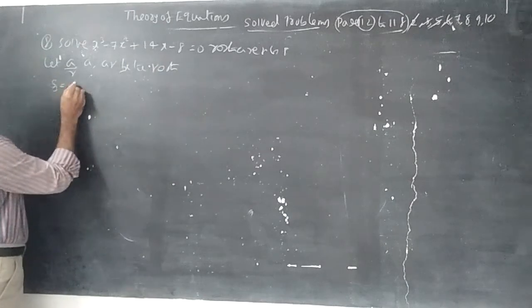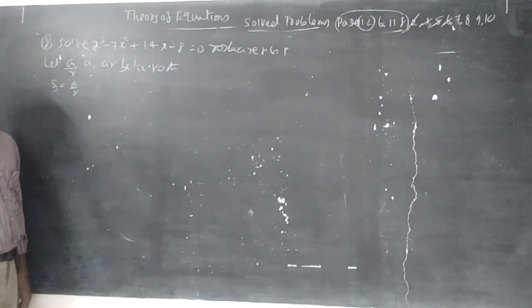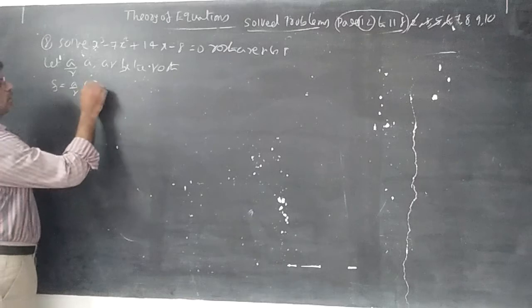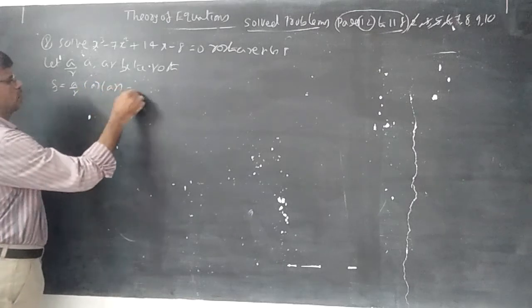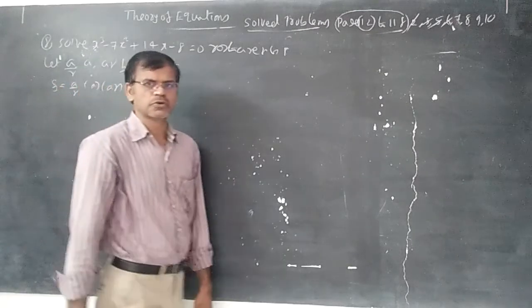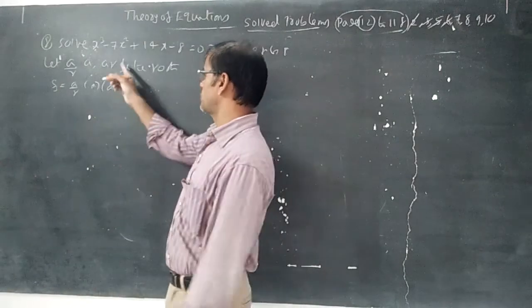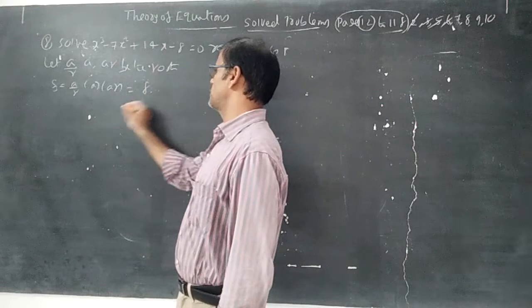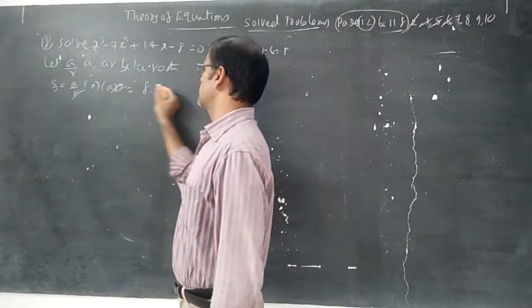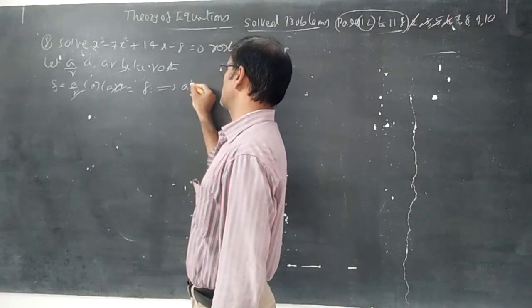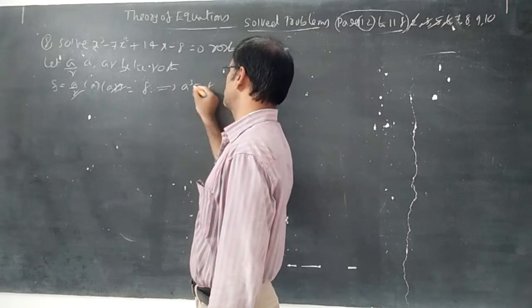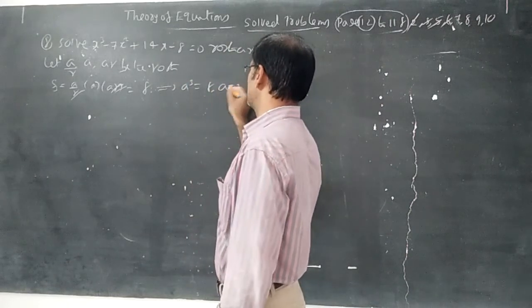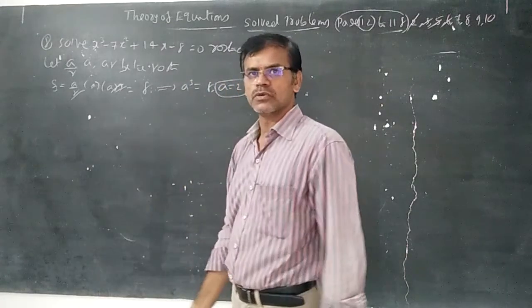Now the product of roots you can take a by r into a into r is equal to minus minus, so it is simply 8. R and r will be getting cancelled. That implies we got a cube is equal to 8, so a is equal to 2.